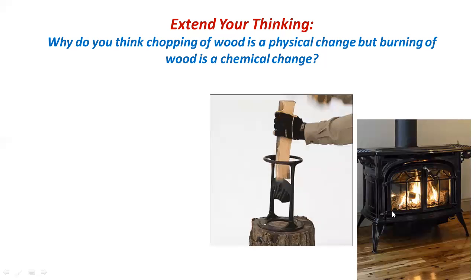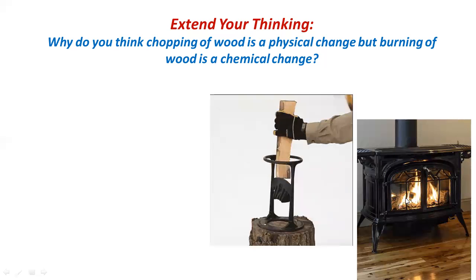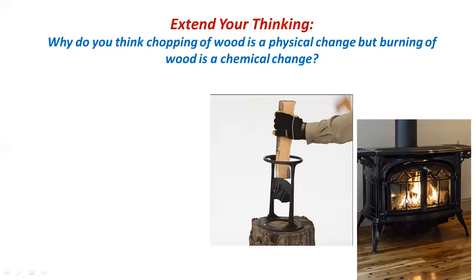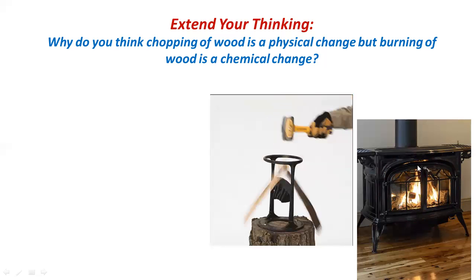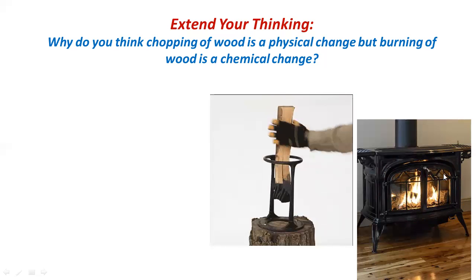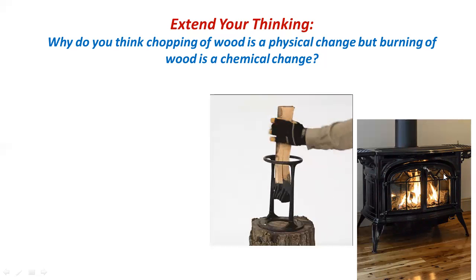Various uses are there, but the change is actually a chemical change because it turns into new products. Smoke is a new thing, that is carbon dioxide gas along with unburned carbons, and then water vapors will form, and then heat, the energy released in the form of heat. So they are totally new products. From wood, new products are formed, ash is also a new product. So it's a chemical change.